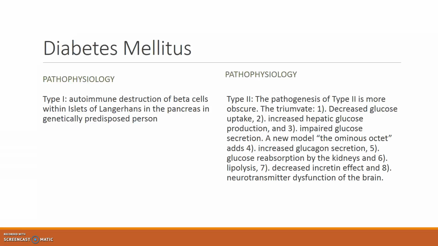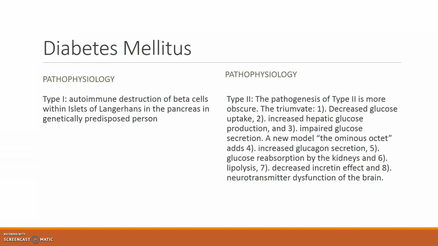The pathophysiology or pathogenesis, really, again, about that type 1, we understand that autoimmune destruction of the beta cells within the islet of Langerhans, and these people are genetically predisposed. The pathogenesis of type 2, for many years we've practiced knowing that there's decreased glucose uptake, increased hepatic glucose production, and impaired glucose secretion.